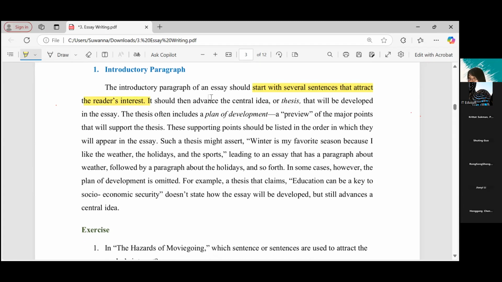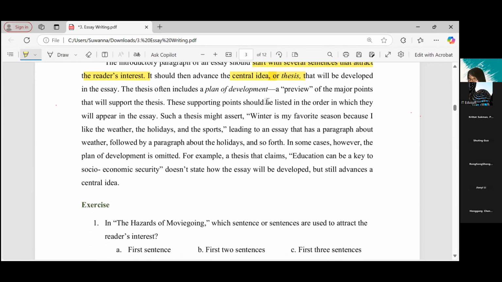And it should then advance the central idea or thesis statement that will be developed in your essay. The thesis often includes a plan of development or a preview of your major points. The thesis should explain what your essay will involve. You understand?